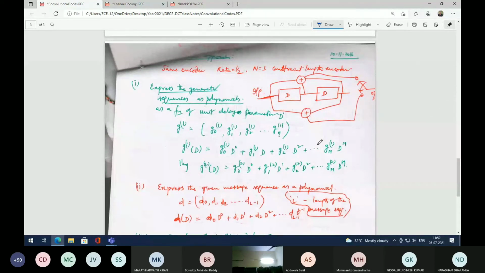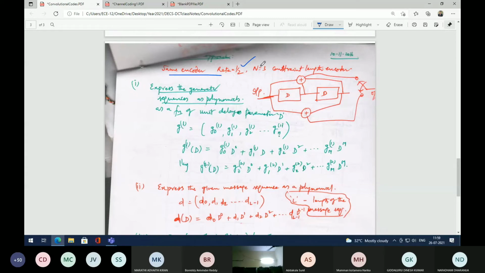In the simplest way, we want to write in the transform domain. What is the transform domain? It is easy to represent in the form of a generator matrix. So here I am taking an example.